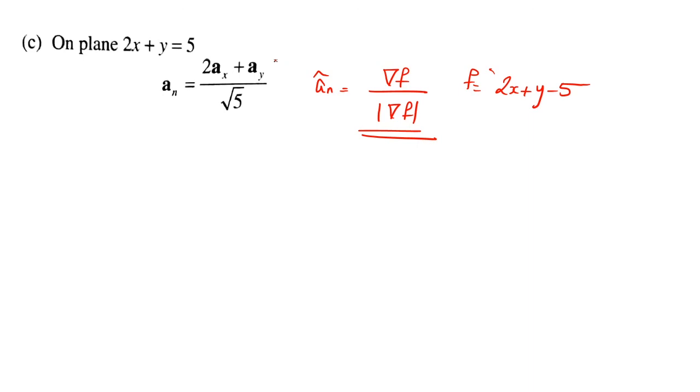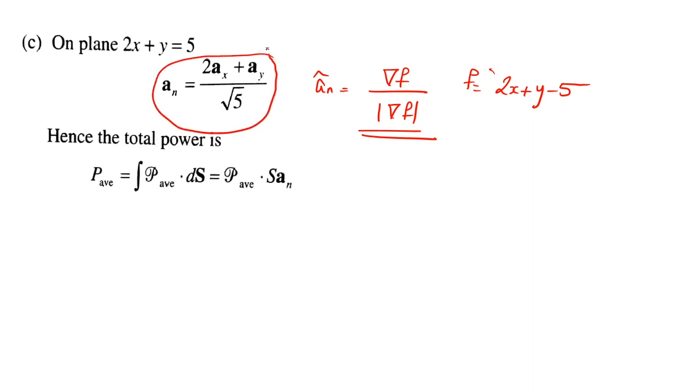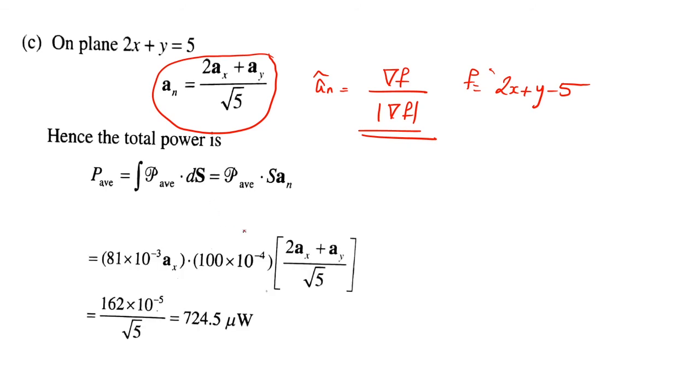On applying, you get the unit vector, and power is given by this surface integral, equivalent to power into area, that is P average dot S an. So you take 81 into 10 raised to minus 3 AX. This is the P part and this is area S. We are taking the dot product of power into area as they are vectors.